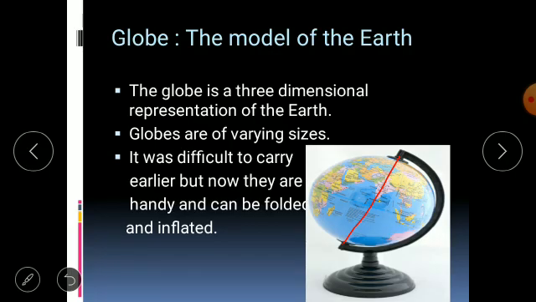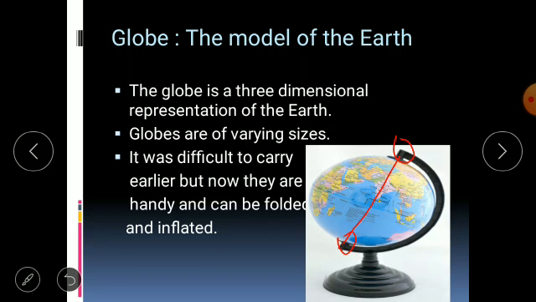Now axis means the imaginary line on which the earth spins or rotates. You know, the earth rotates on its axis from west to east, and the two ends of the axis are called North Pole and South Pole.